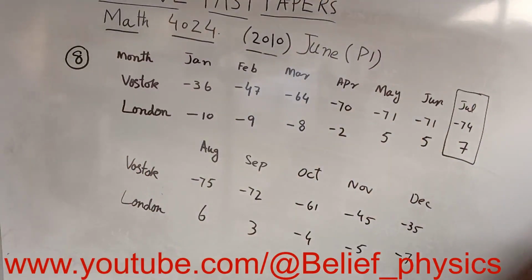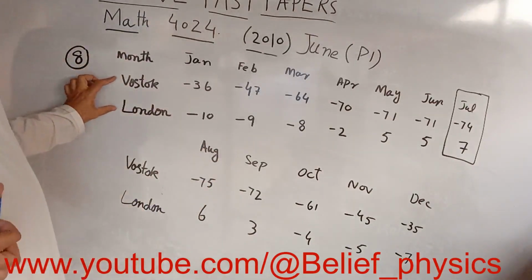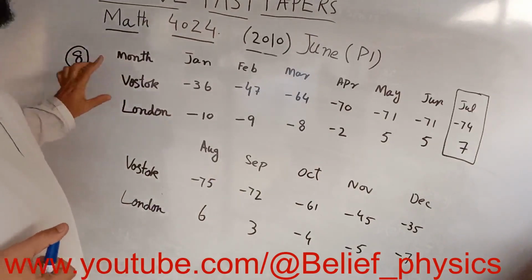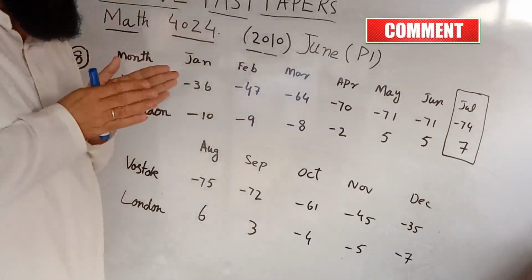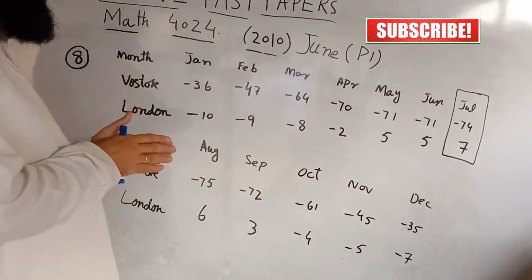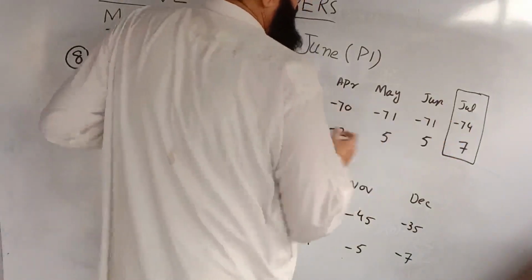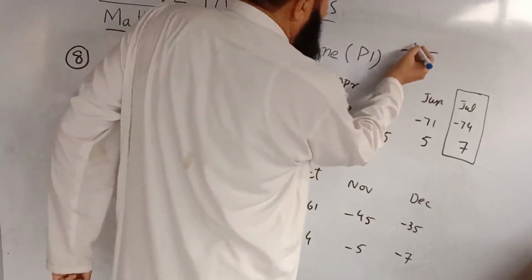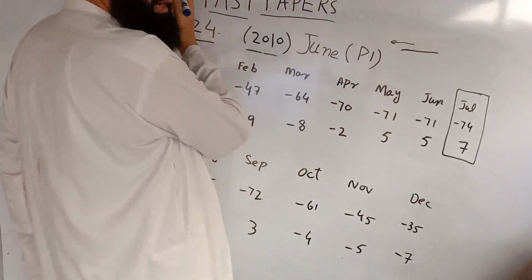When we find a difference, we subtract the smaller number from the bigger number. We have to find the difference in temperature between Woodstock and London in July. What is the bigger number? The bigger number is 7 here because it is plus 7. A negative number has a smaller value. If you have a negative number, the further you go in this direction, the smaller its value becomes. So -74 is towards the left side on the number line.